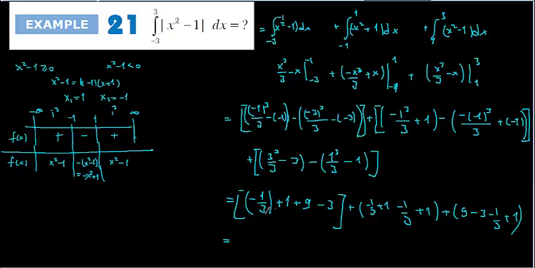Here the answer is minus 1 over 3 plus, this is 7, 10 minus 3 is equal to 7. Yes, this is minus 2 over 3 plus 2. This part is 9 minus 3 plus 1, again 7, 7 minus 1 over 3, it's going to be.